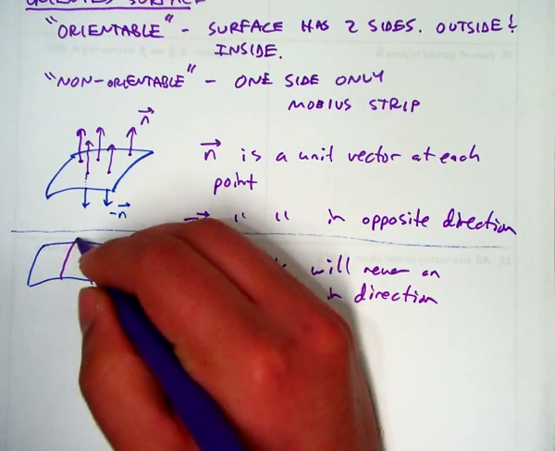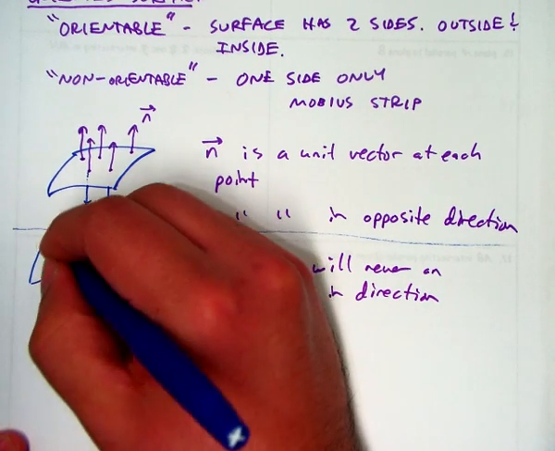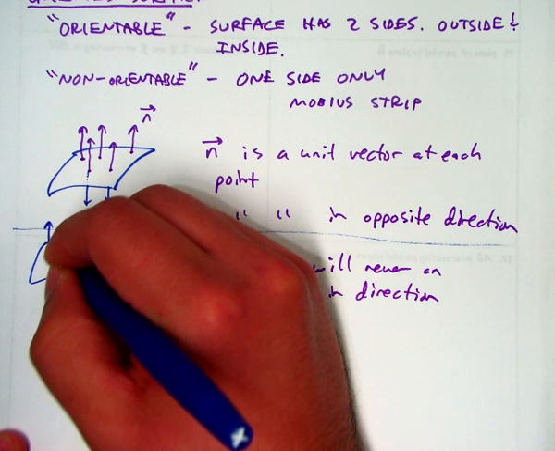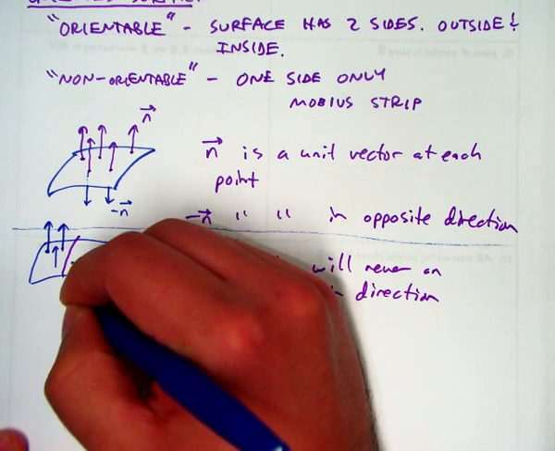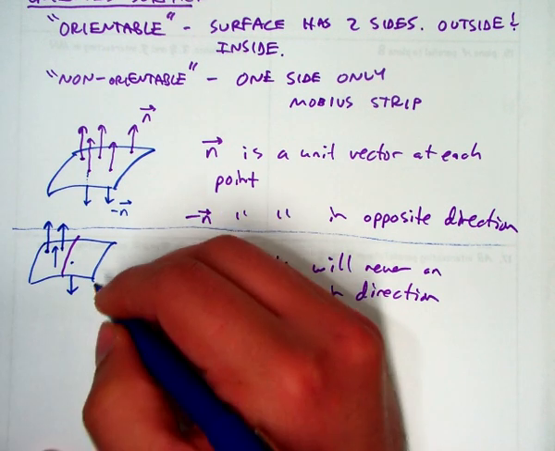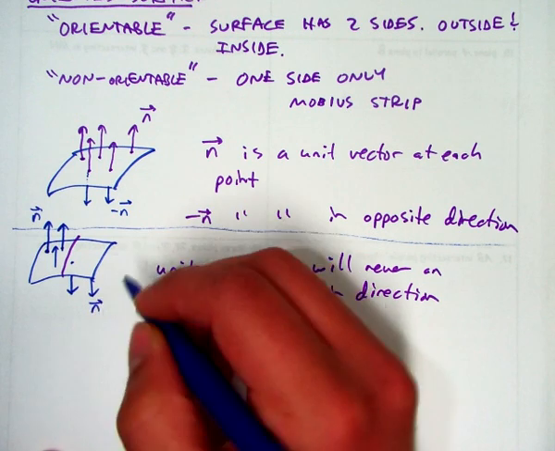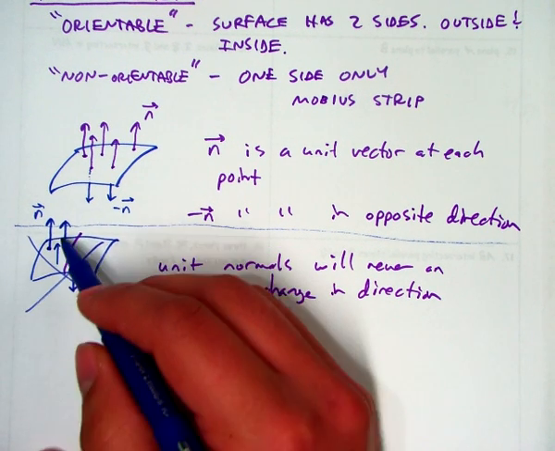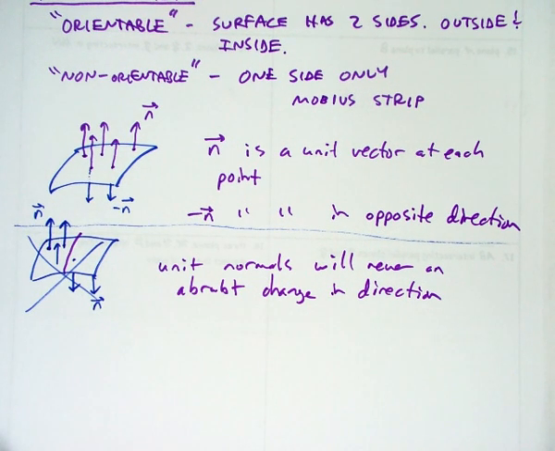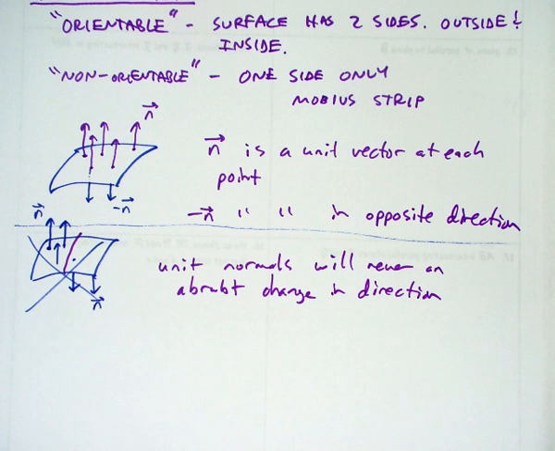Meaning, it's impossible, so if I have a surface here, for us to say, here's n, here's n, here's n, and then, oh look, all of a sudden n flips over and is now upside down. Okay? So if these are all n, this will never happen, where the positive unit normal all of a sudden just switches directions and flips over. Okay? Now, these could very well be negative n, but not positive. Okay?